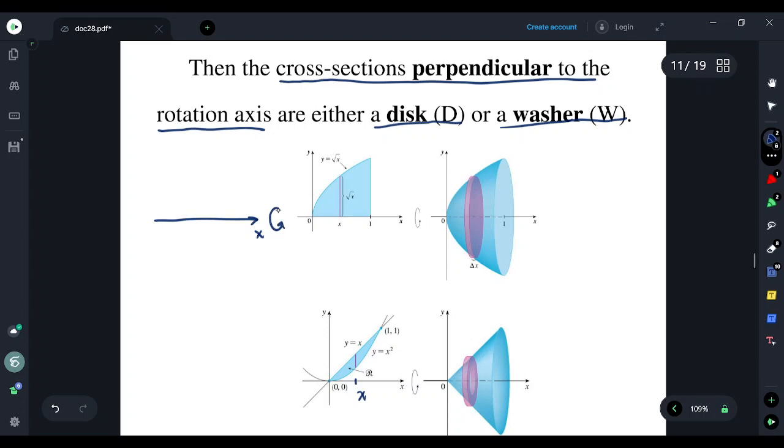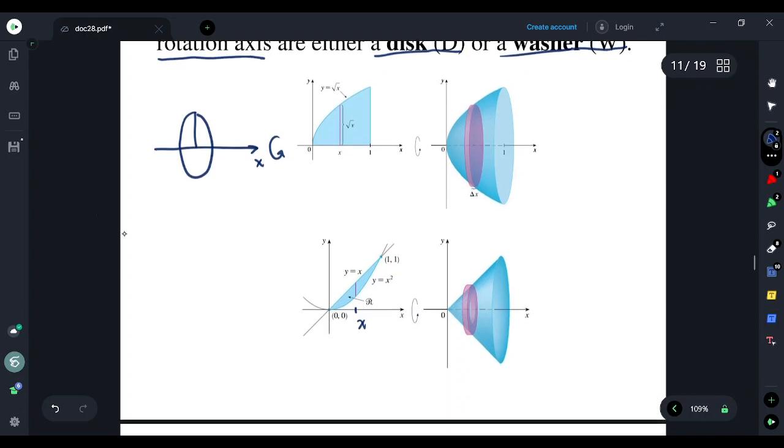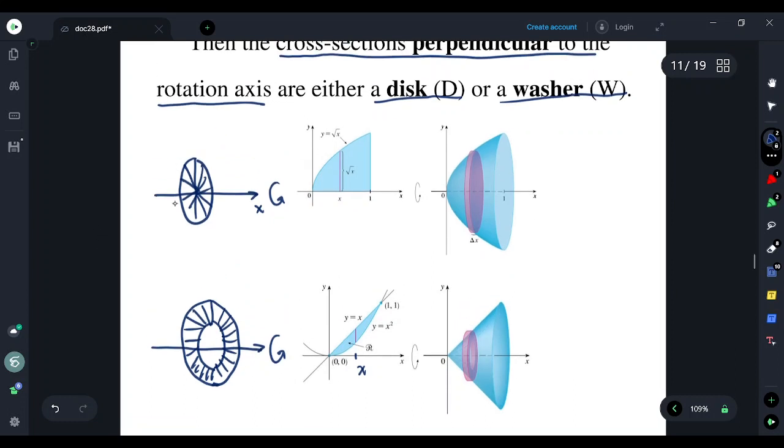We rotate about x, so the cross section is either kind of like a disk in 3D, or a washer. Kind of like this. So it means that the cross-section area calculation is going to come from either the area of the disk or the area of the washer.